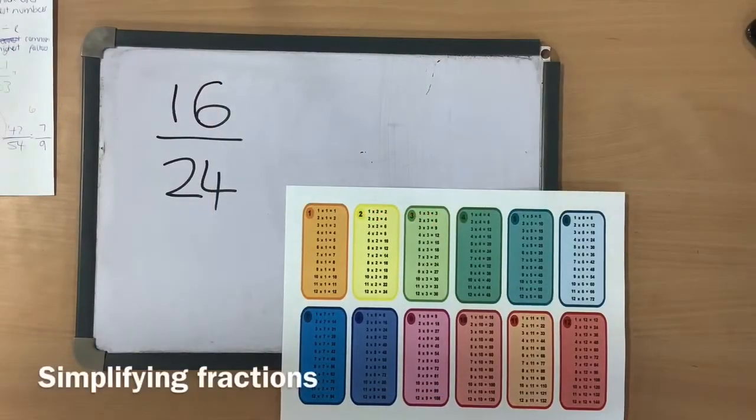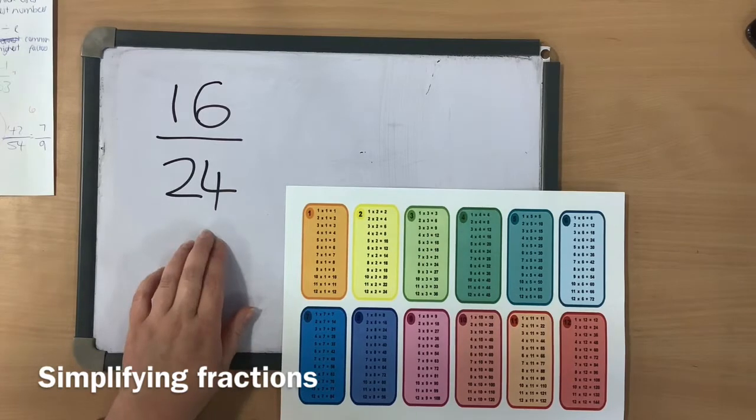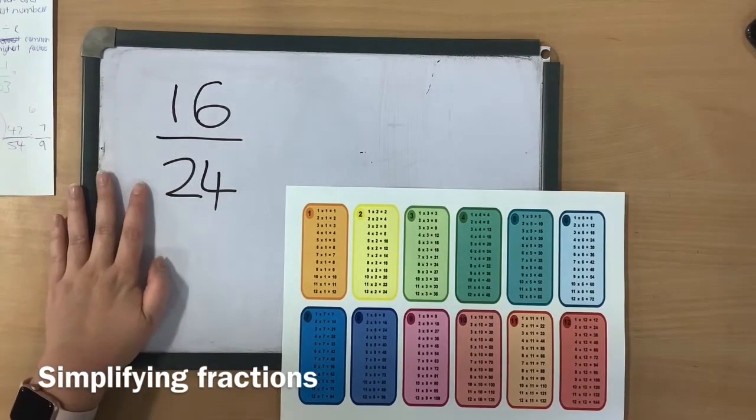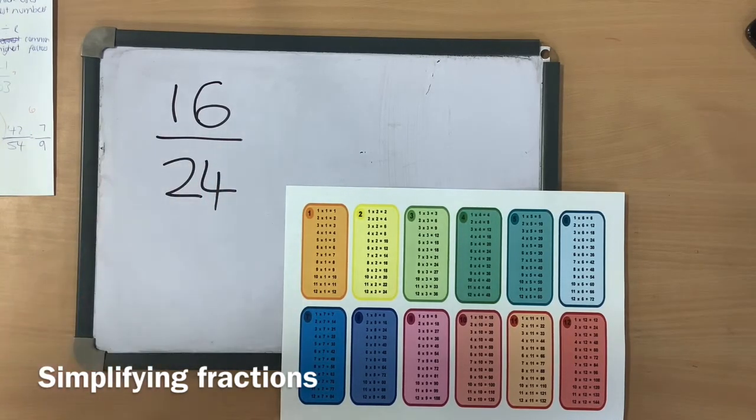So today we're going to be recapping and applying our knowledge of simplifying fractions. Sometimes we might be given a fraction similar to this, 16/24, and we would need to reduce this fraction to the simplest form so that we can work with it a little bit easier by finding a smaller equivalent fraction.